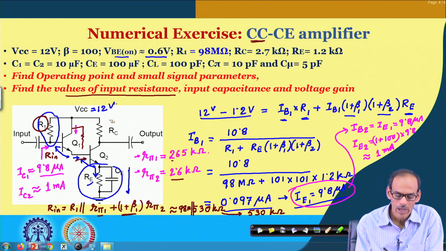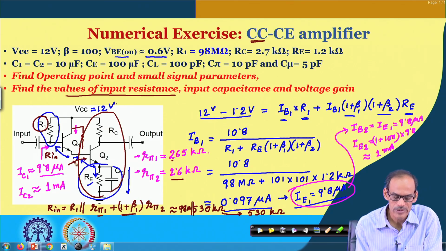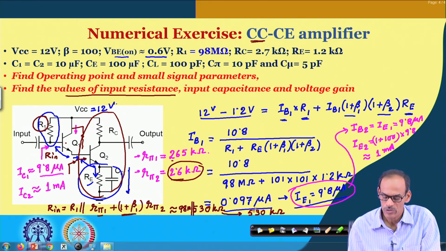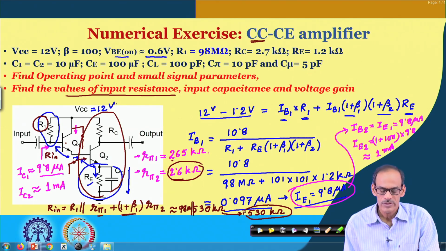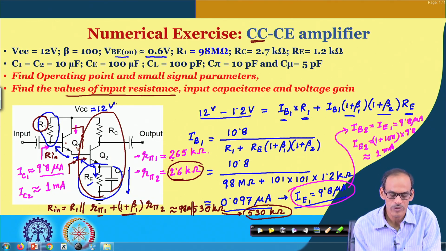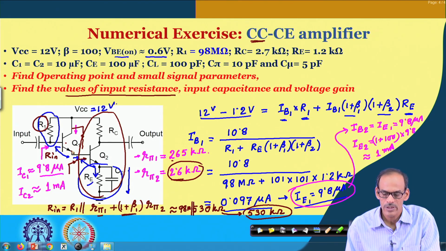So, if I have only this CE stage, the input resistance here was only 2.6 K, but if I put the CC stage in front of that, the input resistance gets increased. That is why for op amps, whenever we would like to increase the input resistance, we put the CC stage in front of the differential pair.